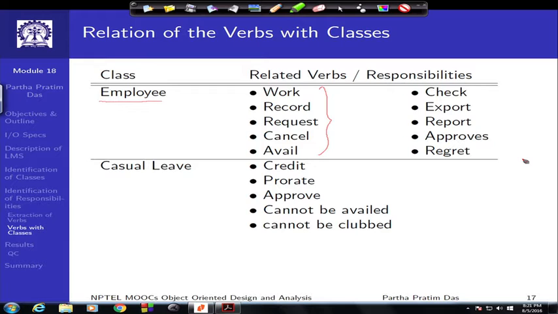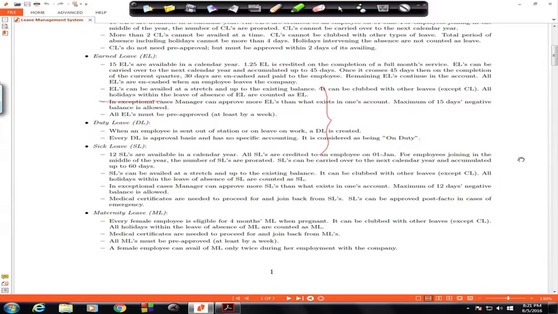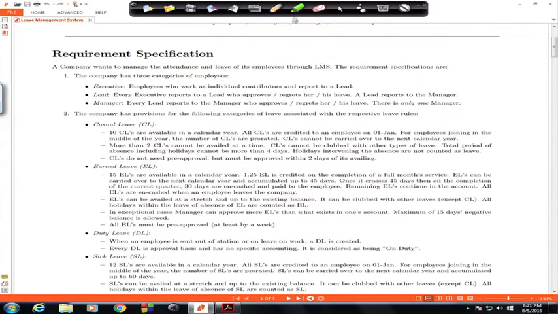So, if my statement says, for example, here, the employee who works, that relates these two together. We say executive reports, so that relates these two together. We say lead who approves, so that relates these two together. This is the kind of relationship that we are trying to set forth.